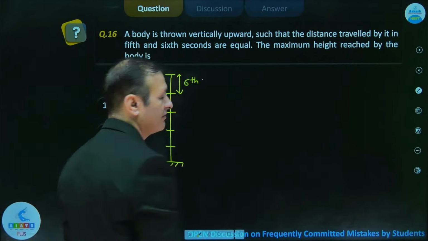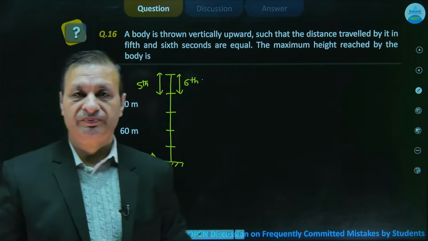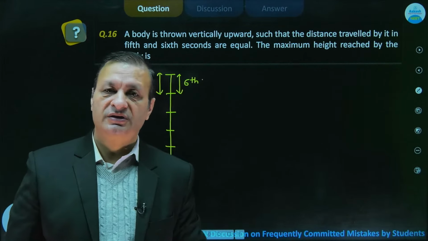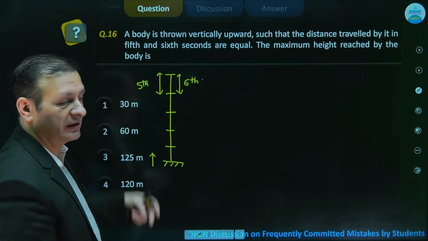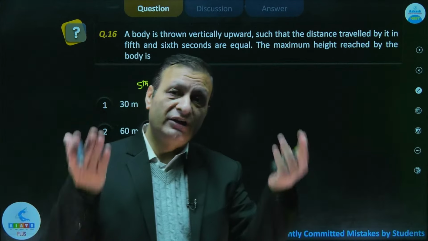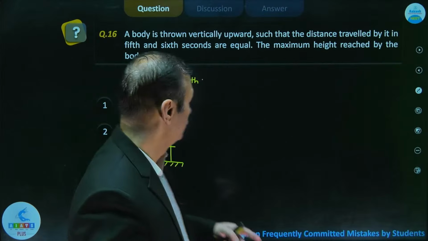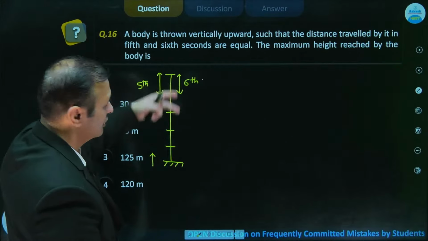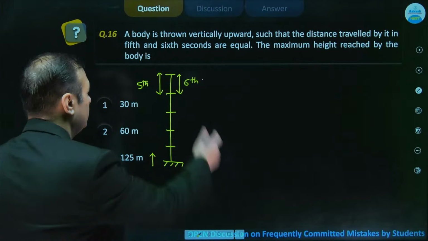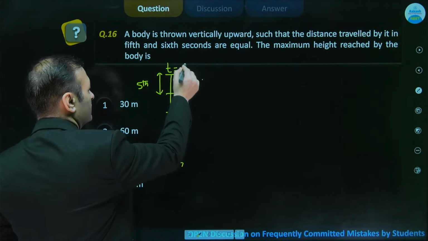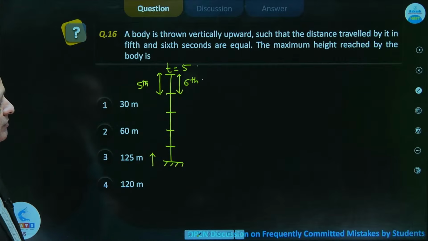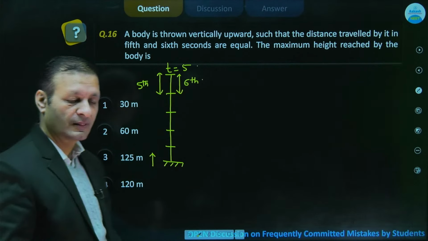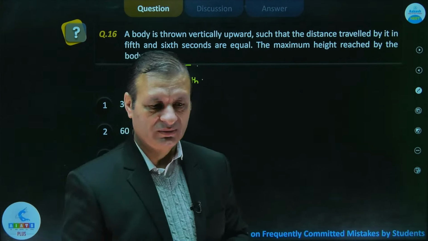It means the distance traveled by the body in the first second of its downward journey is equal to the distance traveled by the body in the last second of its upward journey. So the 5th second is equal to the 6th second. It means the body is taking 5 seconds to reach its maximum height. I think this is clear to everyone.